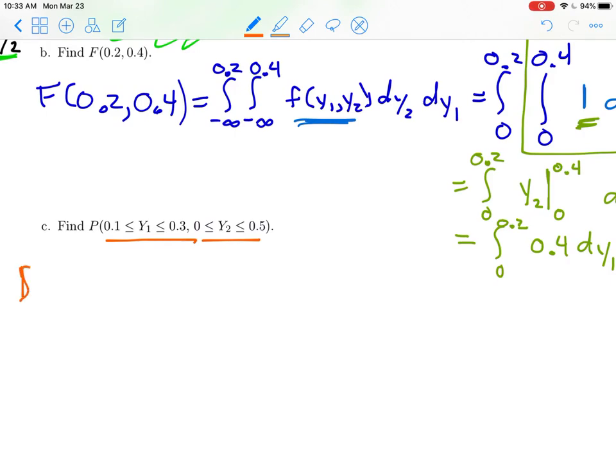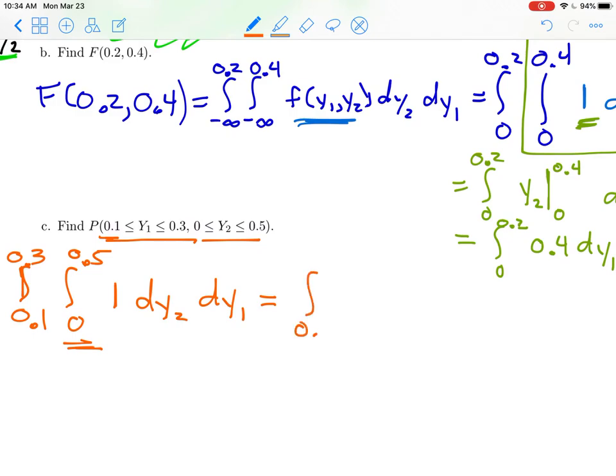So we want to find the integral where our value of y1 goes from 0.1 up to 0.3, and our value for y2 goes from 0 to 0.5. Our density is 1 in that range. y2 is the inside limits, and y1 is the outside. So when we integrate the inside, we have the integral from 0.1 to 0.3 of y2 evaluated from 0 to 0.5, dy1.